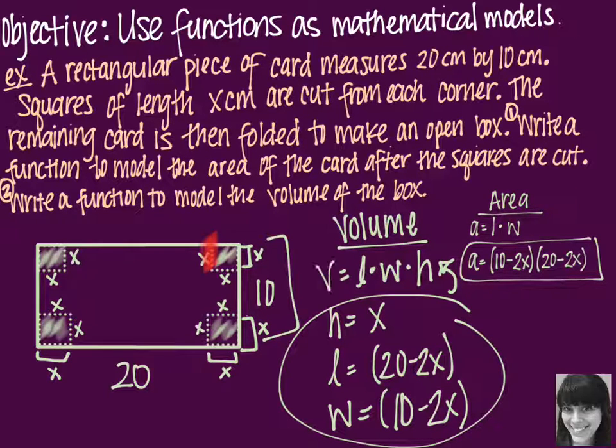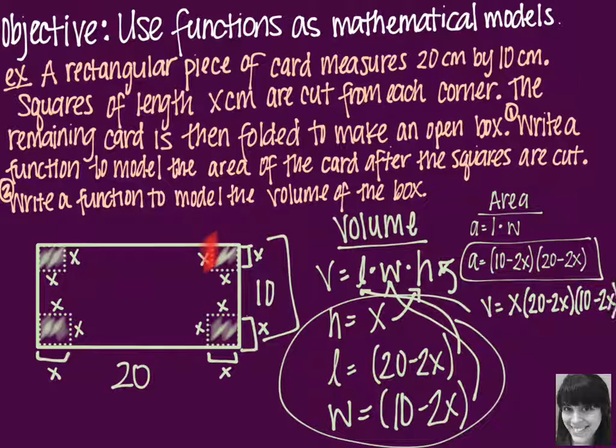I make mistakes because I get in my head. Okay, so the volume is length times width times height. I apologize. So all you're going to do is take H and put it into here, L into here, W into here. So you should get volume equals x times 20 minus 2x times 10 minus 2x. And that is the model for volume.